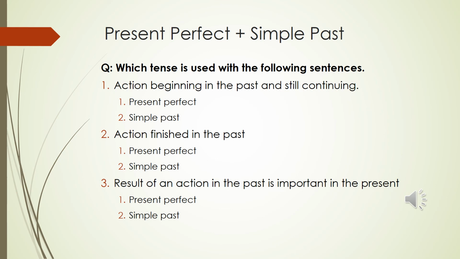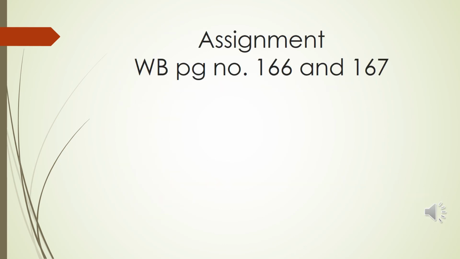The action has been done. It does not have to do anything with the present. So it is showing simple past tense. Third one, result of an action in the past is important in the present. If you are talking about present and past side by side, it means you are talking about present perfect tense. Again, the option will be present perfect tense.